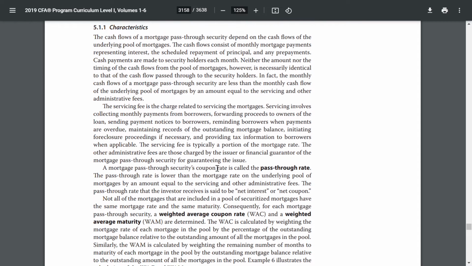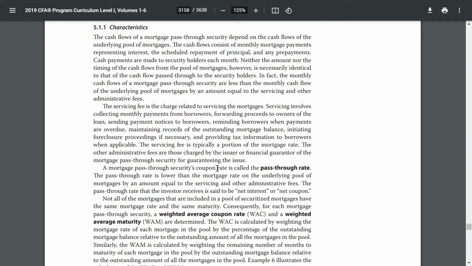Characteristics: the cash flow of a mortgage pass-through security depends on the cash flow of the underlying pool of mortgages. The cash flow consists of monthly mortgage payments representing interest, the scheduled repayments of principal, and any prepayments of principal. Cash payments are made to security holders each month.